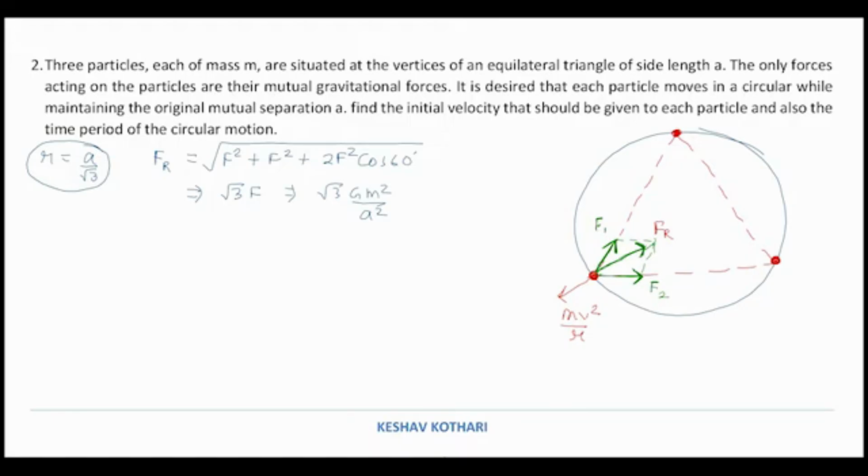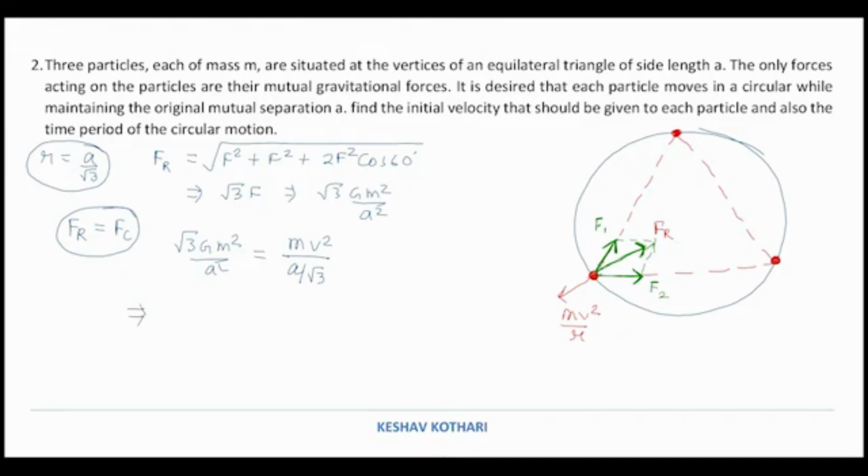Now this gravitational resultant is balanced by the centripetal force Fc. So I can write that root 3 G m square by a square is equal to m v square by r, and r can be written as a by root 3. From here we can solve for v.